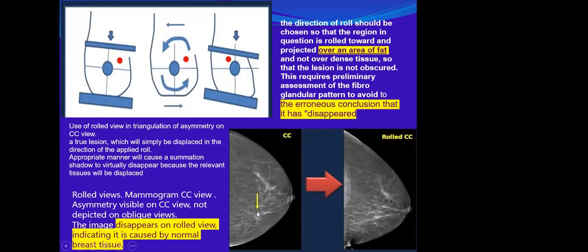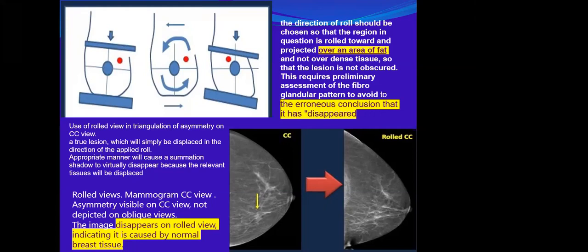Adding this example, if you look here, this is an asymmetry. When rolled CC, it disappears. In a case of just normal breast tissue, this demonstrates a superimposition of tissue. So in an appropriate manner, the summation shadow virtually disappears because the relevant tissue is displaced.